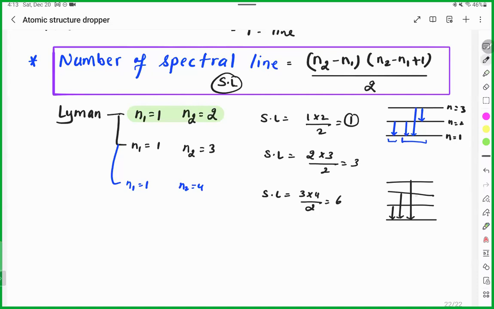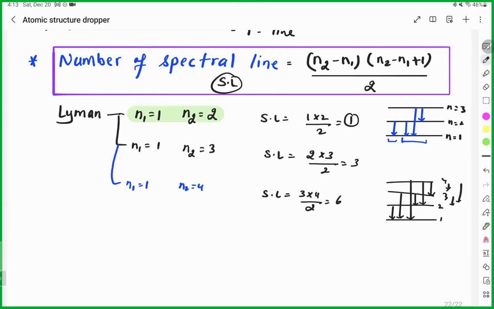Then two lines, three lines, and this. How many lines are there? 6, na? Yes, sir. Total lines come from 2 to 1, 3 to 1, 4 to 1, 3 to 2, 4 to 2, and last 4 to 3. This is how you calculate.